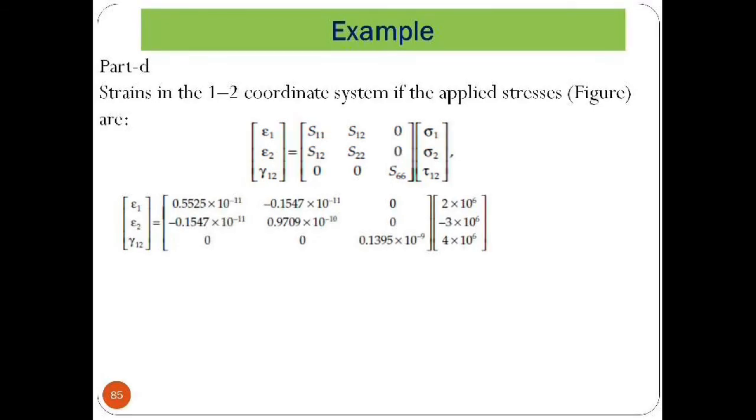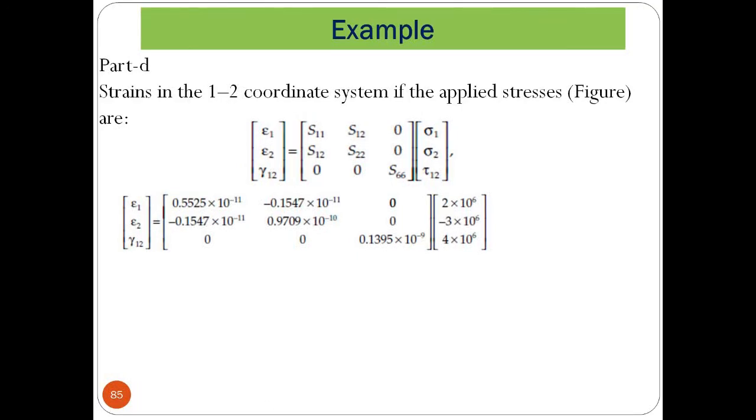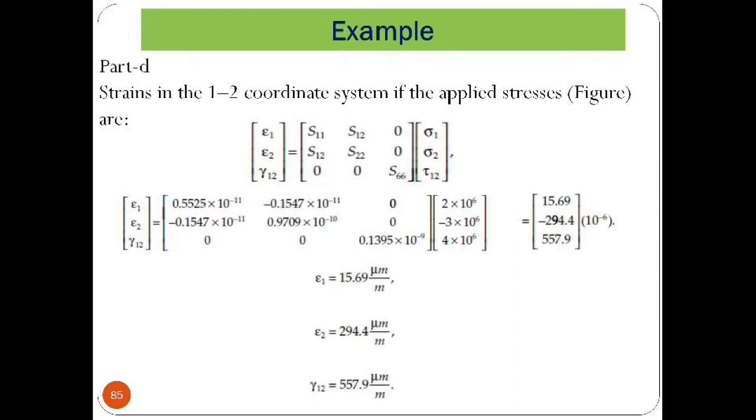This will be calculated by putting in all the values of S11, S12 and S66. Likewise the strains in the different directions will be calculated with the help of this matrix. So finally we may have epsilon 1, epsilon 2 and gamma 12.